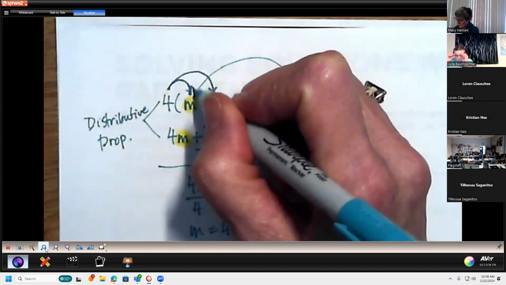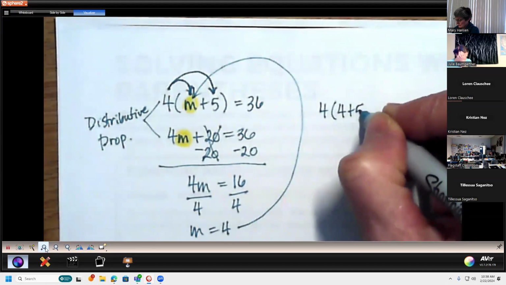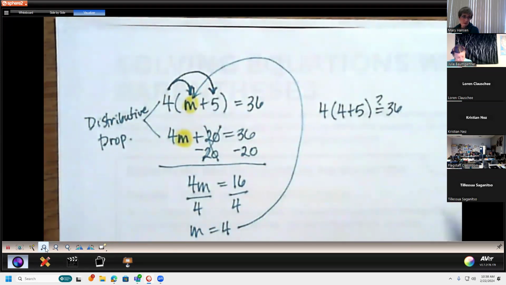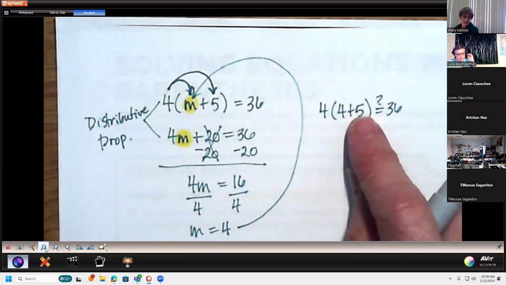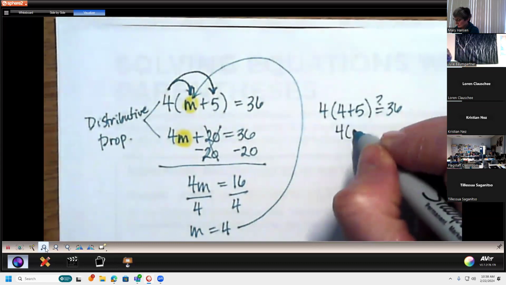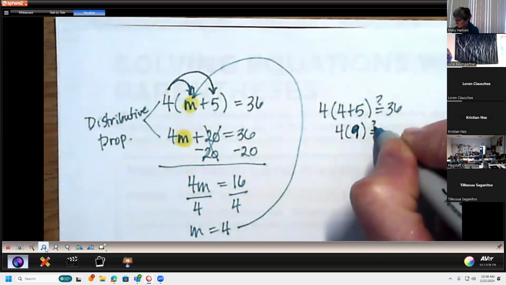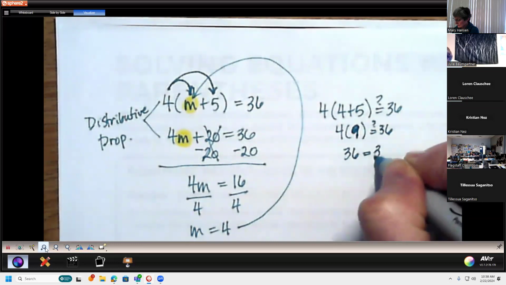Again, I can go back up here and say, is 4 times 4 plus 5 really 36? Now I can use my order of operations and I can add 4 plus 5. 4 plus 5 is 9. And 4 times 9 is 36.